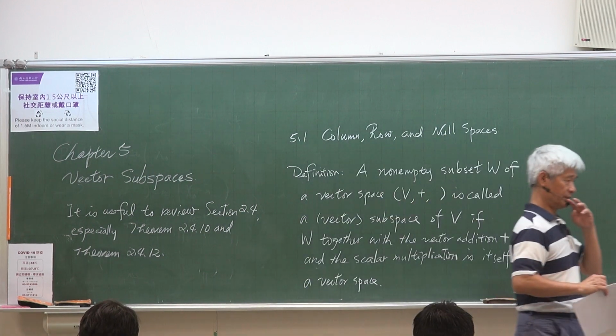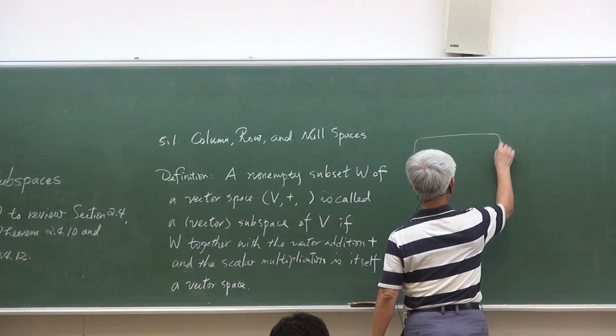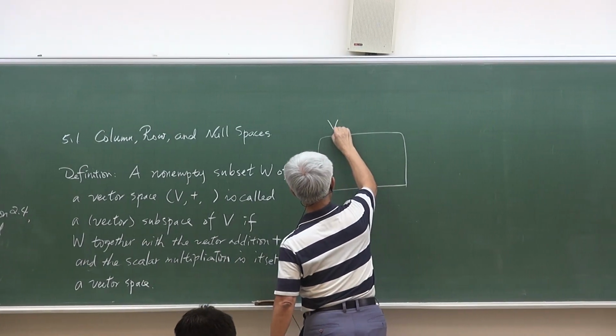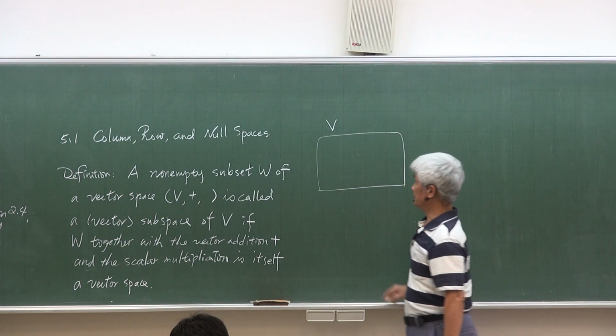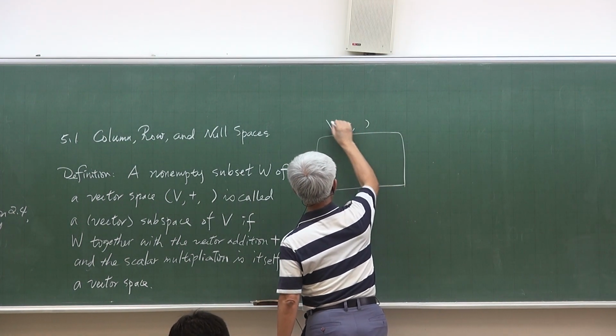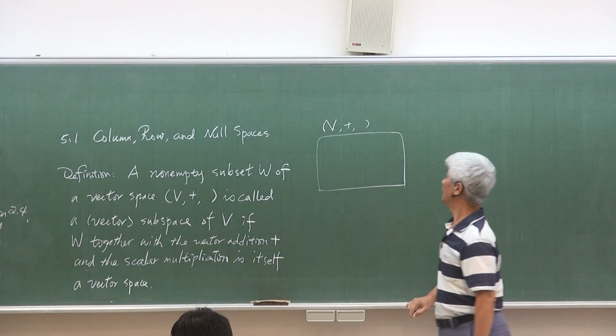So we have a V here, a vector space, and this vector space has vector addition and scalar multiplication.